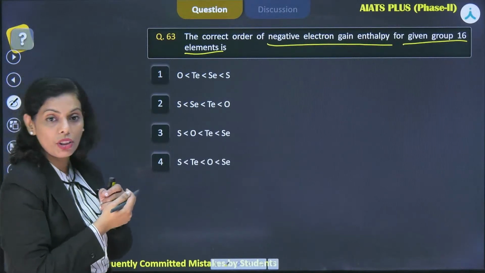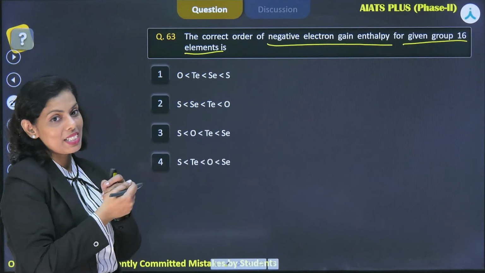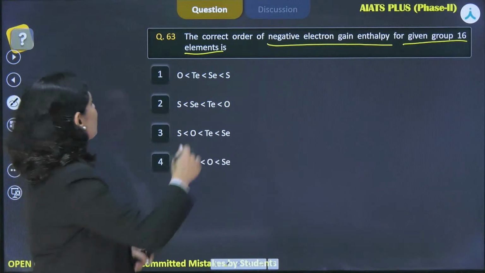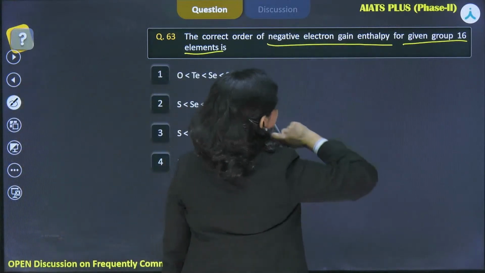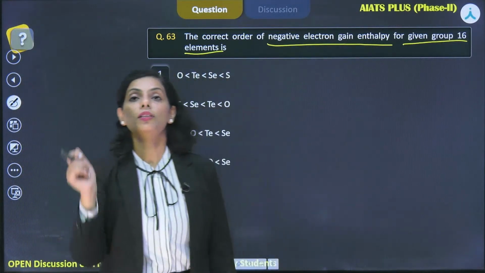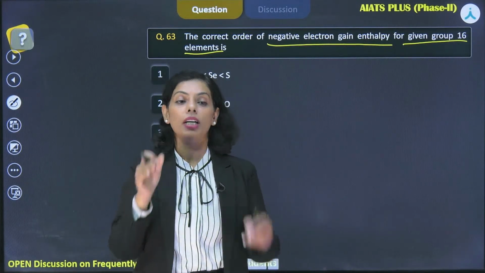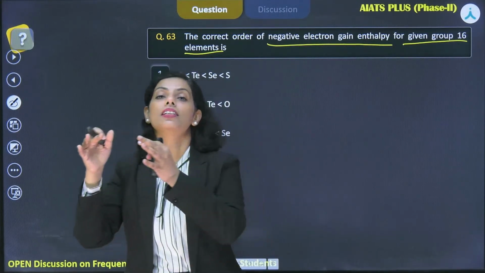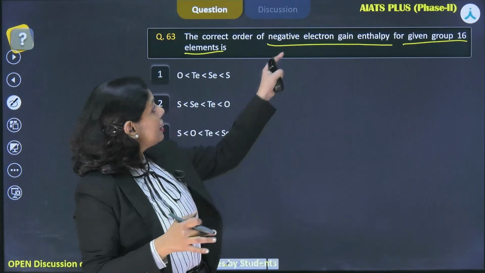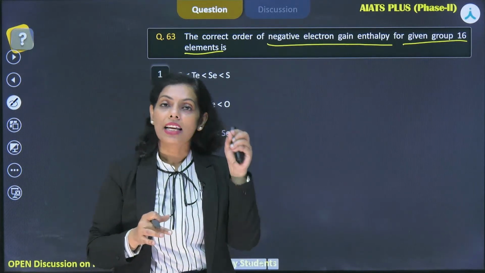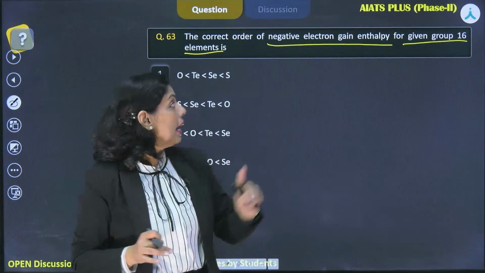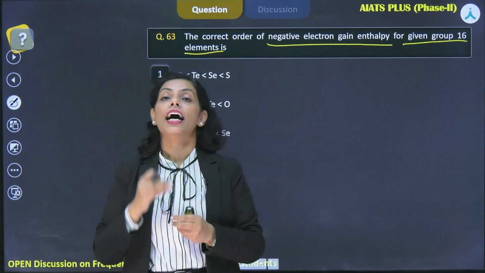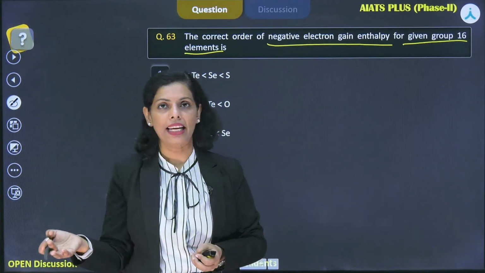Yes, question number 63, and I got the answer from Mohit as well, right? See, negative electron gain enthalpy. Whenever an electron is being added to the valence shell of an atom in its isolated gaseous state, then the enthalpy change is considered as electron gain enthalpy, and generally it's been observed that the value of electron gain enthalpy is negative. Okay.